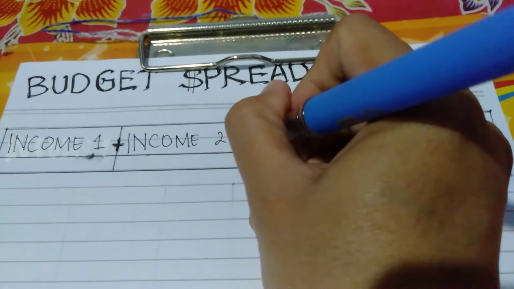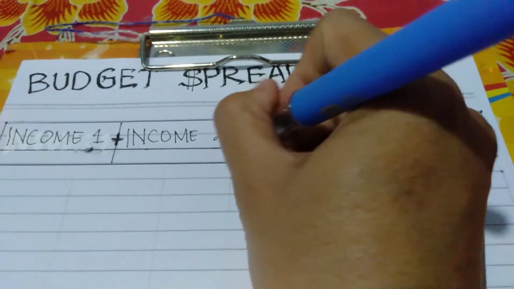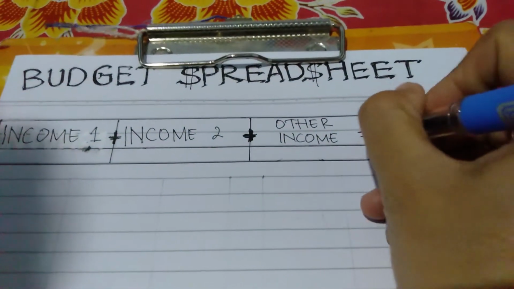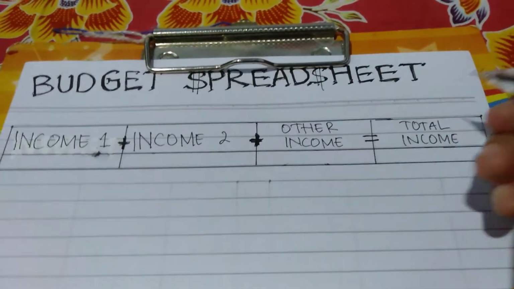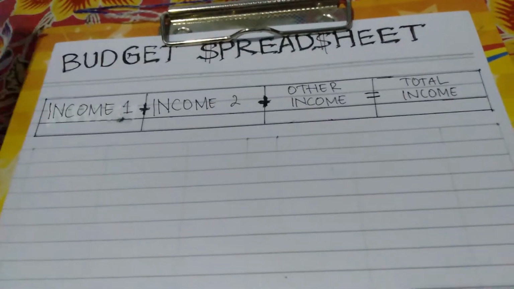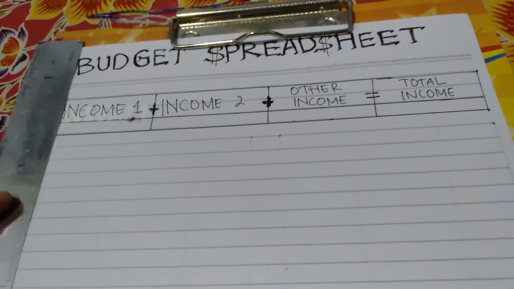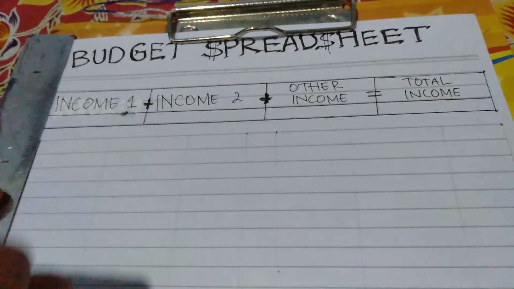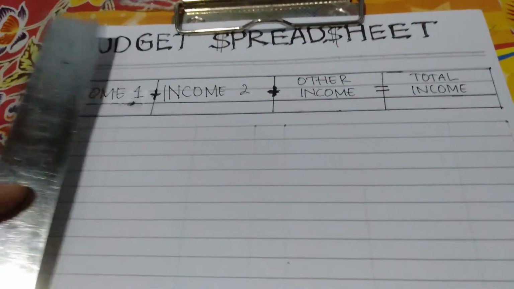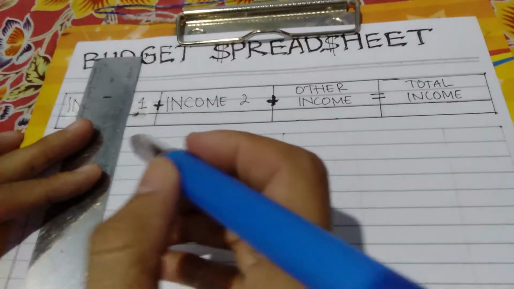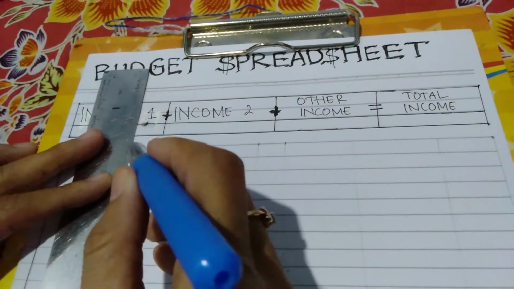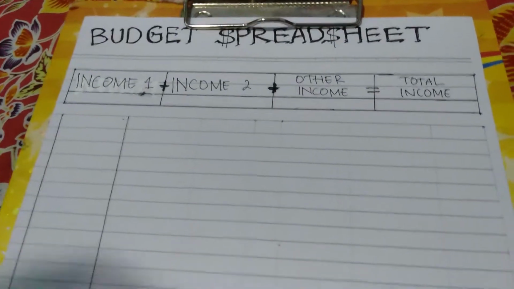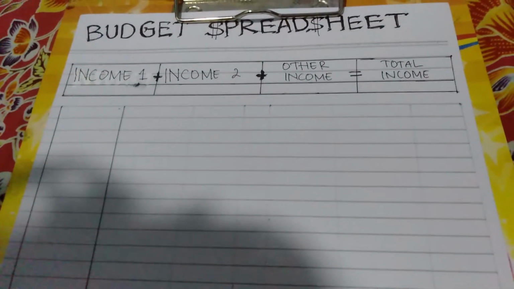So the first part here, I would like to write down my incomes. I have two types of income, and I would like to input both of them on my budget spreadsheet. And somehow I have other income too. So the first table here only talks about my income.